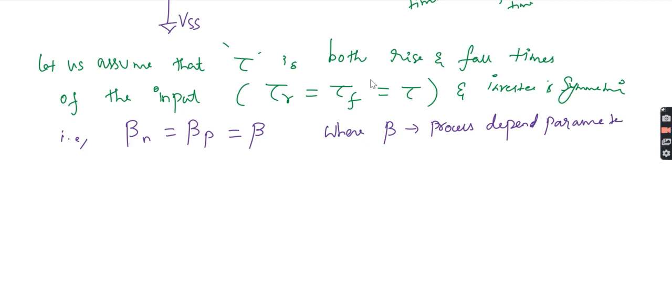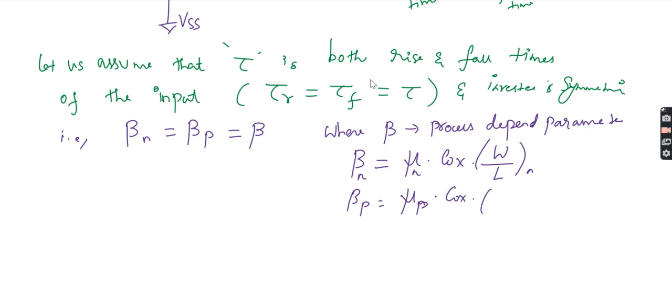What is the formula for beta? Beta is equal to mu times Cox times W by L. For NMOS, beta_n is mu_n, Cox, W by L_n. Then for PMOS, beta_p is equal to mu_p, the mobility for PMOS, then Cox, then W by L, where Cox is the oxide capacitance.